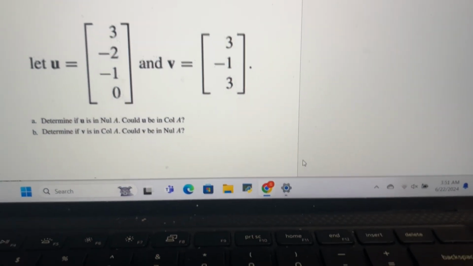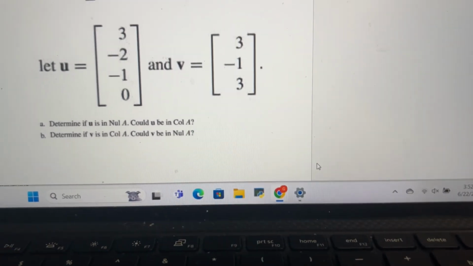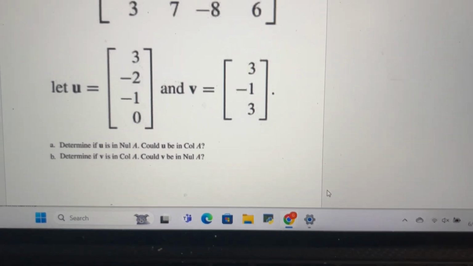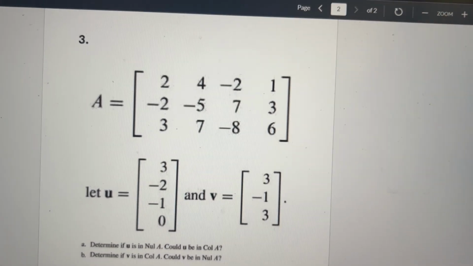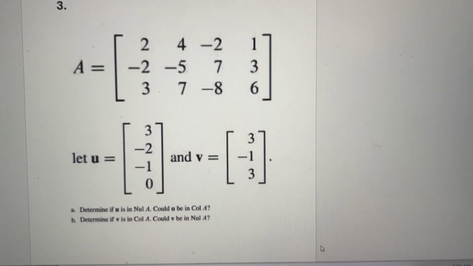Well, V is a 3 by 1, and A is a 3 by 4 matrix, and so we cannot multiply those together. So it's impossible for the product of those two to equal 0. So no, V is not in Nul A.